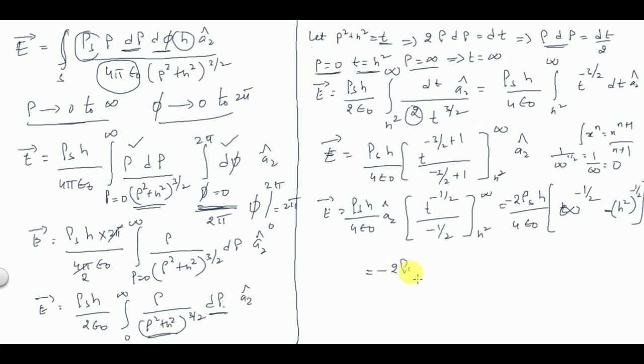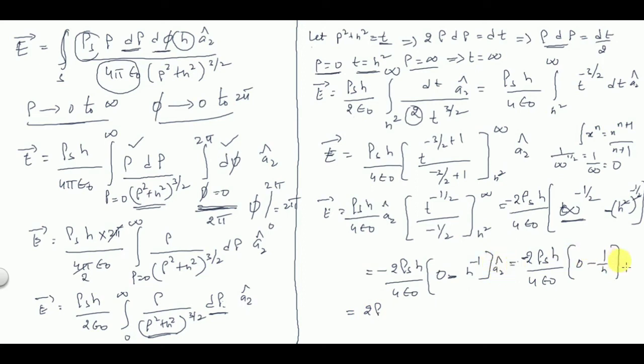So minus 2 rho s into h by 4 epsilon naught into, so this term is 0 because it becomes 1 by infinity. 1 by infinity is 0 minus, so 2 and 2 get cancelled, so it will be h power minus 1. So it will be 2 rho s into h by 4 epsilon naught into 0 minus 1 by h. Okay, so there is a minus sign here. So minus into minus becomes plus, so it will become 2.